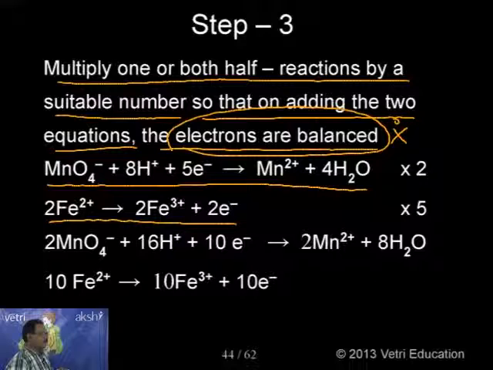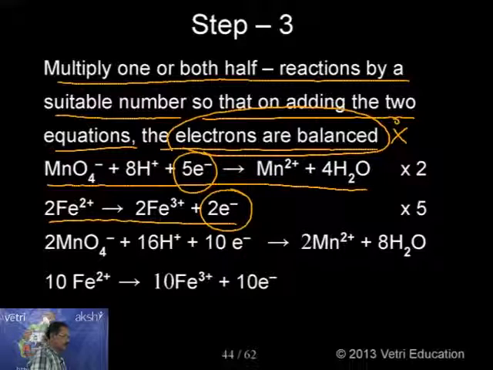Now step 3 says: on the left side there are 5 electrons, in the oxidizing agent, and on the right side there are 2 electrons, in the reducing agent, ferrous sulfate to ferric sulfate. According to step 3, I have to multiply by a suitable number so that the total number of electrons is the same in both cases.